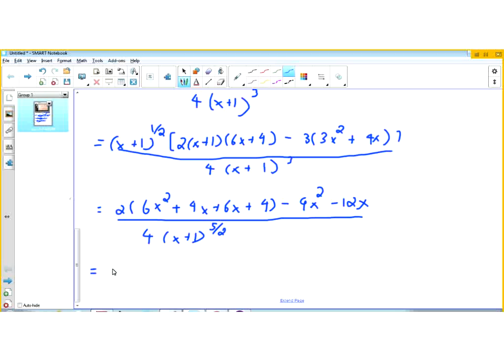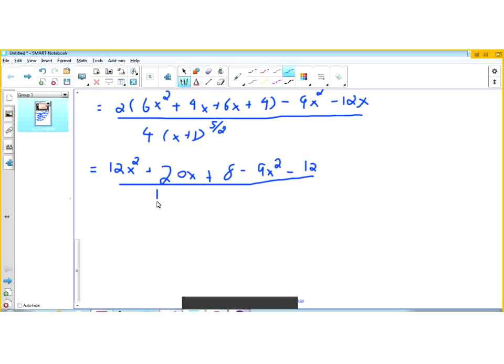Okay, and so after further simplification, we'll have 12x squared plus 20x, since 6 and 4 are 10, plus 8 minus 9x squared minus 12x, all over 4 times x plus 1 to the 5 halves.